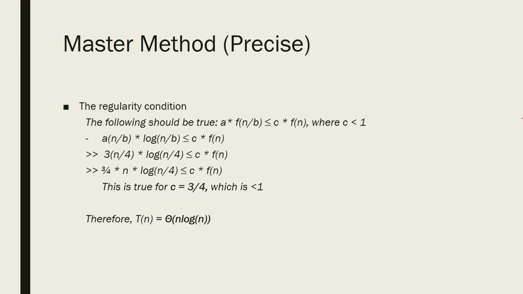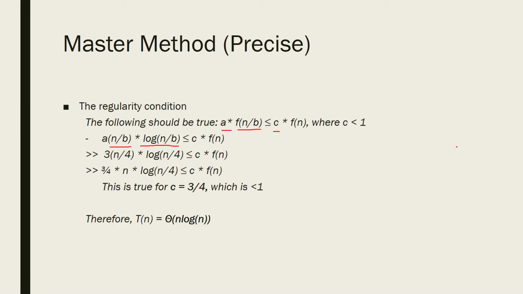Now we need to take a look at the regularity condition. The following should be true: a times f of n divided by b must be less than or equal to f of n times some c that is less than 1. So we rewrite our formula. We know that f of n is n log n. So we have a times n log n, and our n's are n divided by b, which is less than or equal to c times f of n. We can translate this and fill in the answers.